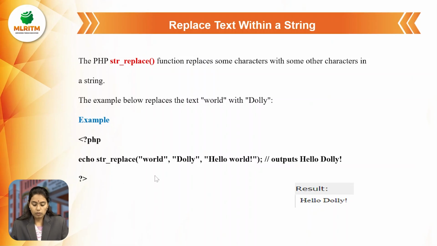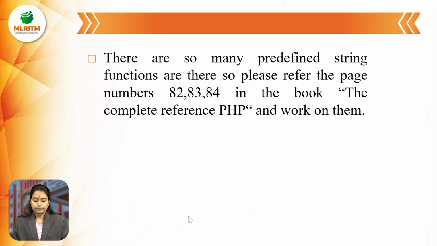PHP echo string replace world, Dolly, hello world. So I want to replace the word world by the word Dolly in hello world. Then the output will be hello Dolly, because I have mentioned that world should be replaced with Dolly. So the output will be hello Dolly. Thus we can use it to replace text within a string.